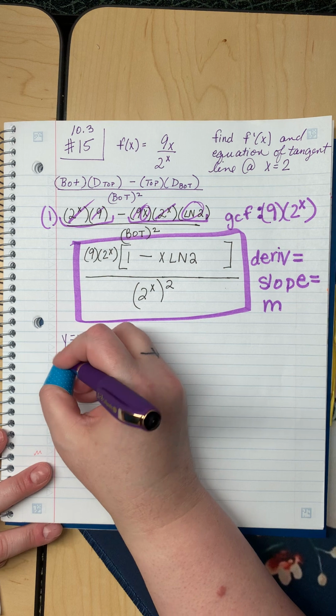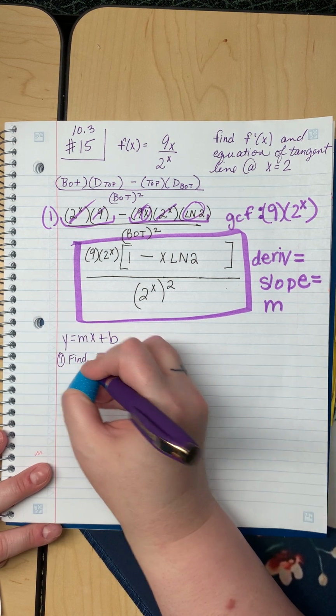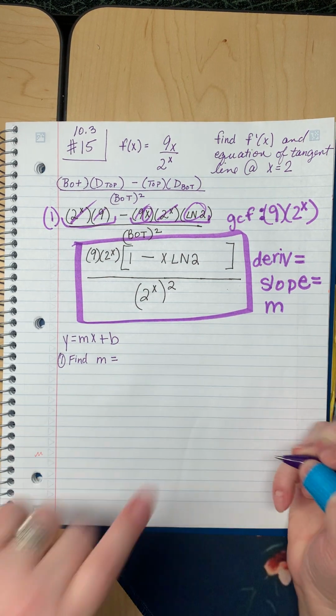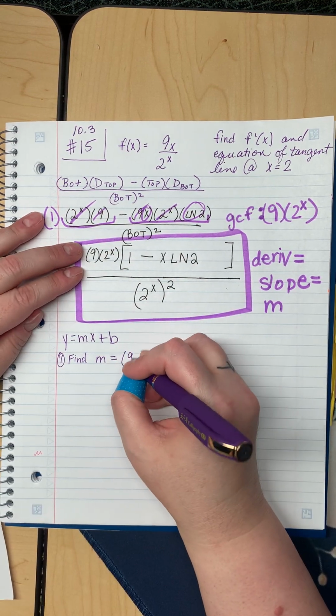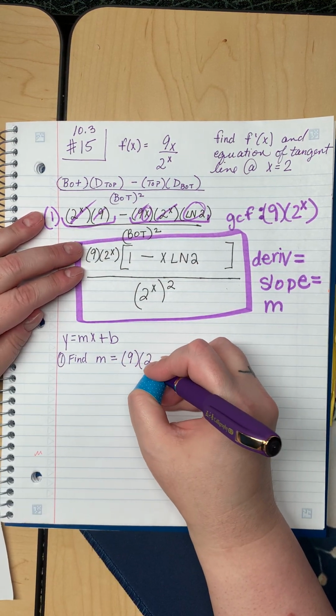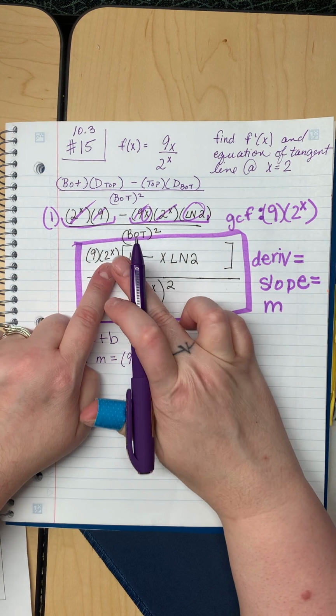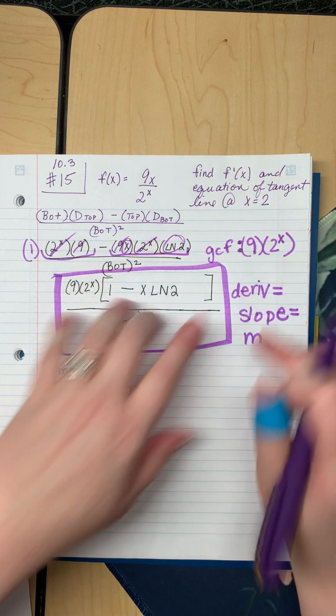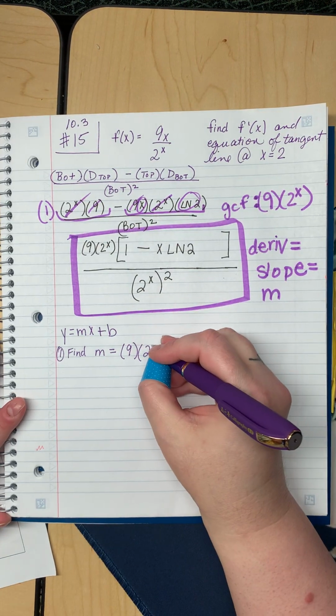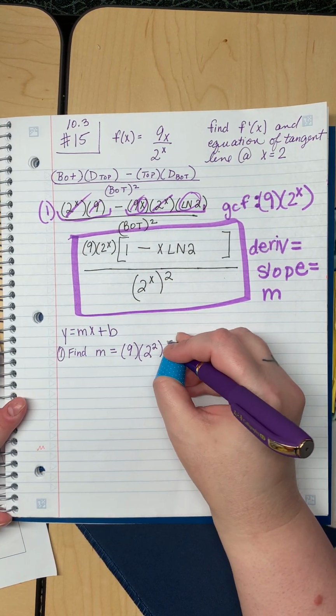So first I'm going to find m. And m is the same thing as this big old derivative formula with a 9 and a 2, and now I'm going to plug in my x value. My x value was x equals 2. So I'm taking this 2 and putting it wherever the x's are.